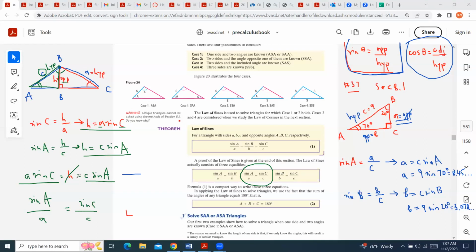Well, I can divide both sides of my equation by A times C. So here A will cancel, and I have that side, and there C will cancel, and I will have my left side. And analogously, I can also get the same thing with sine B over B, but I need to cut this triangle a little differently.